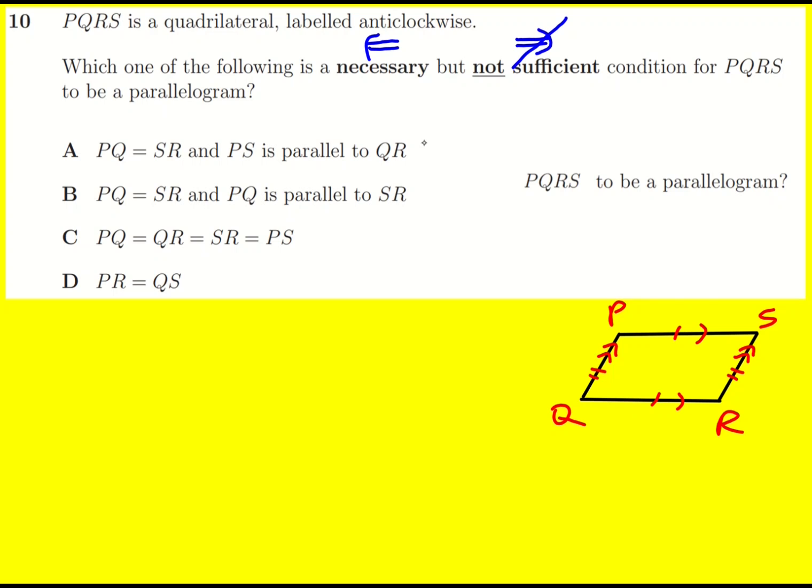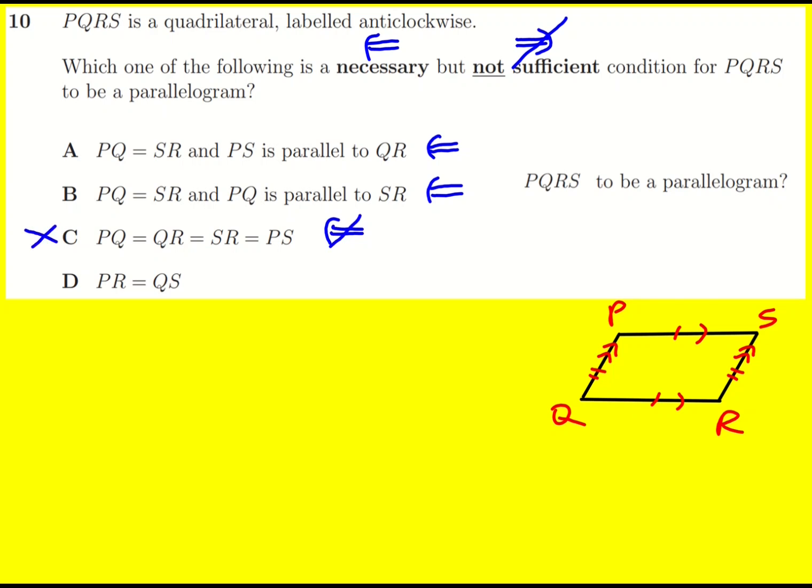Does it follow that PQ is equal to SR and PQ is parallel to SR? Yes, it does. Does it follow that they're all the same? No, it doesn't, because that would be a rhombus. A parallelogram is just two pairs of equal sides, like a rectangle. So actually, we can immediately rule that one out.